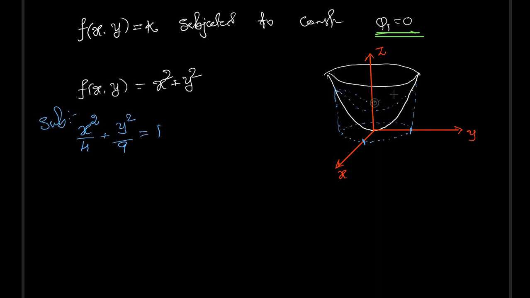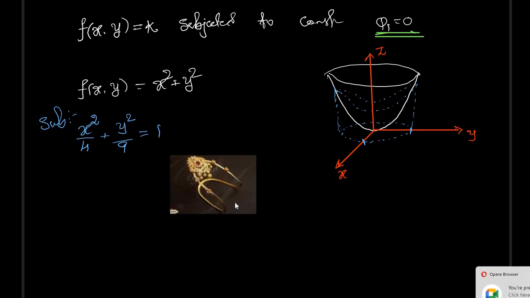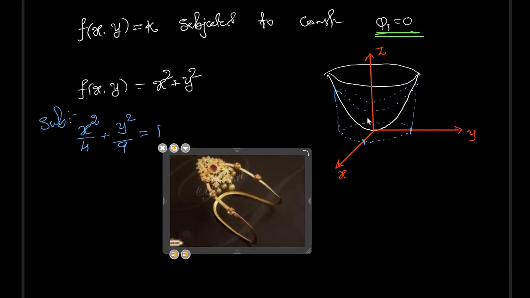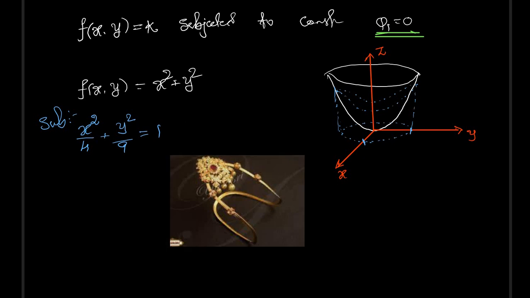I don't know whether you know the Aravanki or not, that is one of the ornaments you wear on the hands, right? I hope you can see on the screen how Aravanki looks. When you intersect this paraboloid with an ellipse, this is the kind of shape you are going to get, and it's actually not straight.